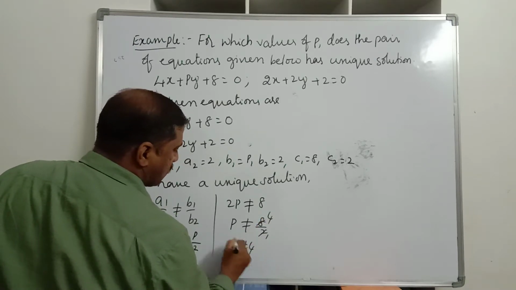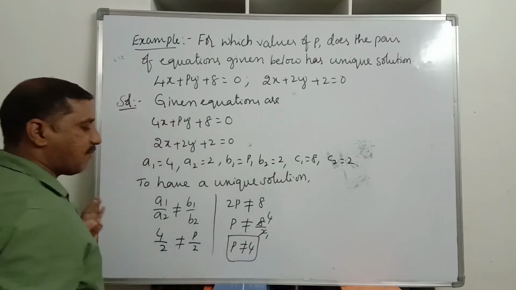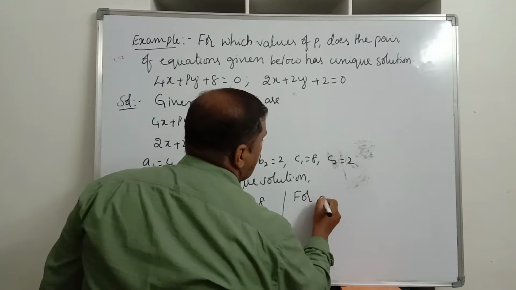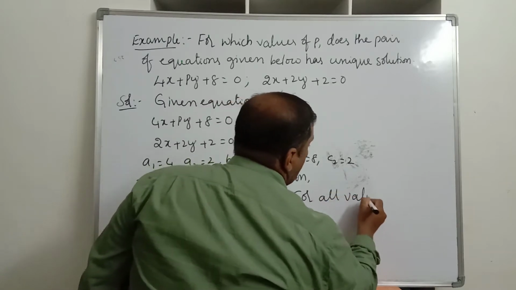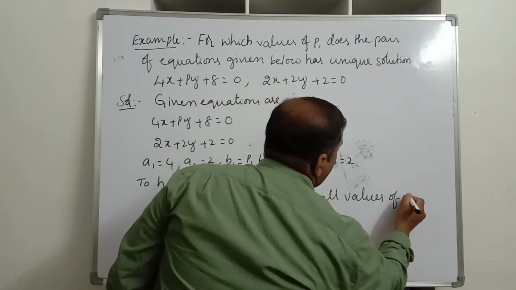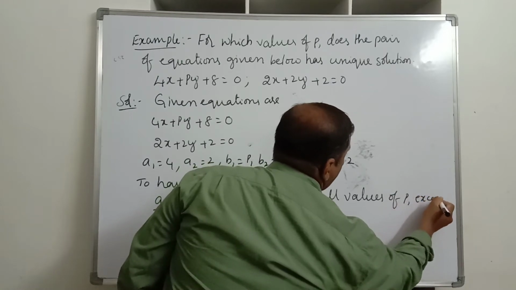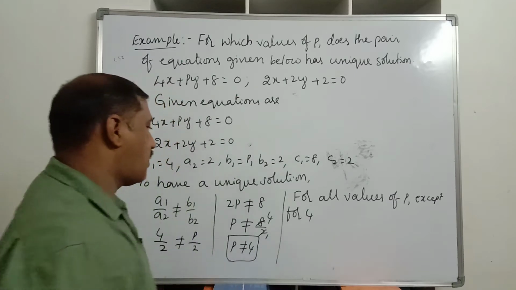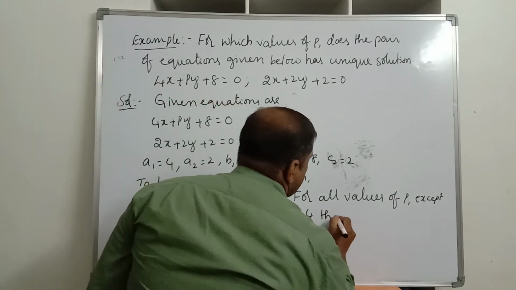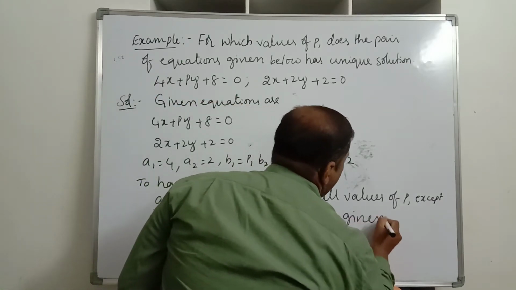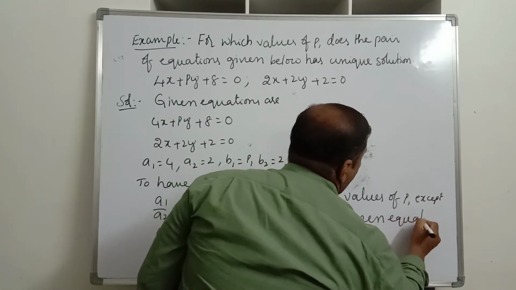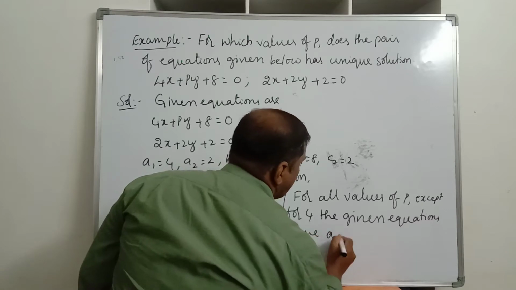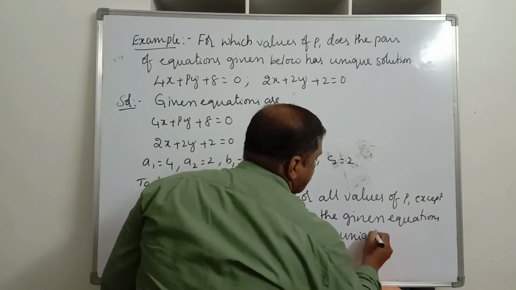P is not equal to 4. Except for 4, for all values of p, the given pair of equations have a unique solution.